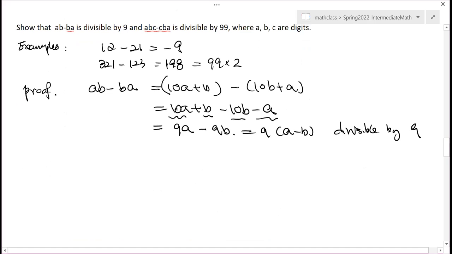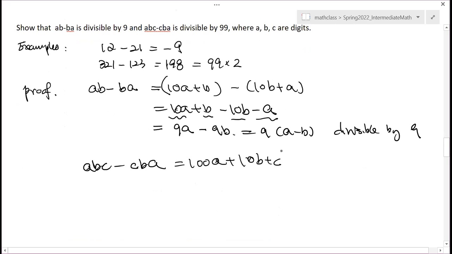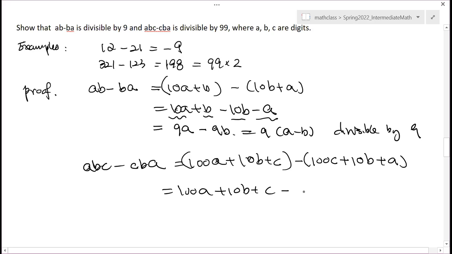Okay. Right, so we got ABC minus CBA. We're given this, right? Let's do the same way. So 100A plus 10B plus C, right? Minus 100C plus 10B plus A. I think it's no surprise B will be gone. Minus 100C minus 10B minus A, okay?